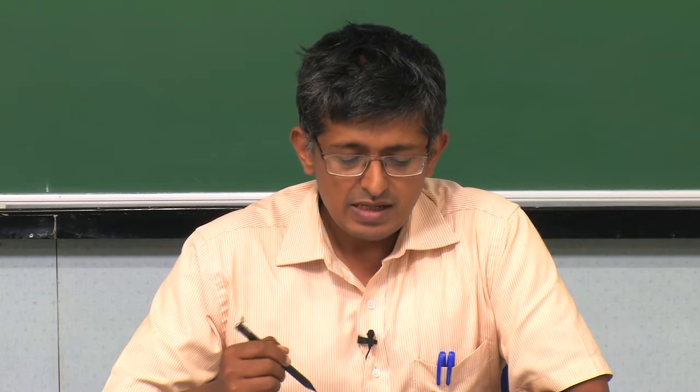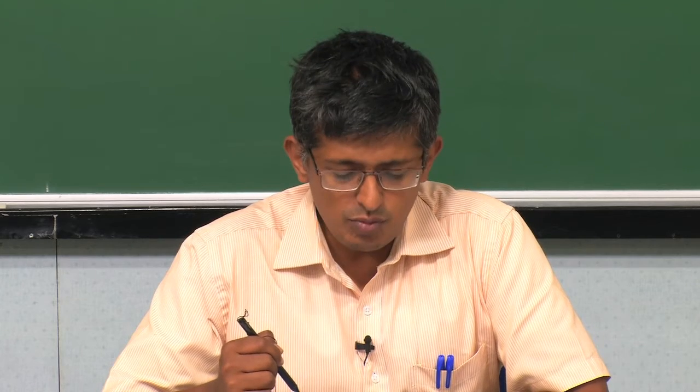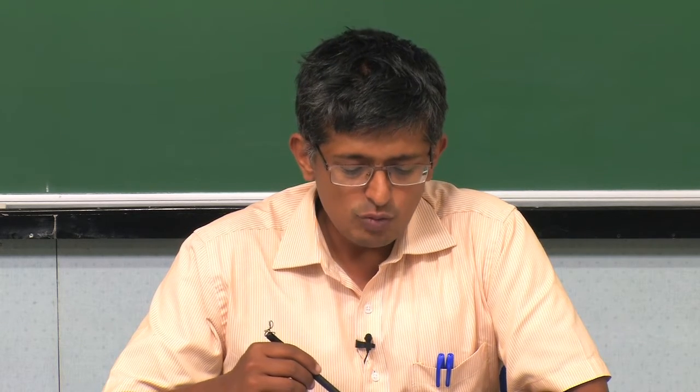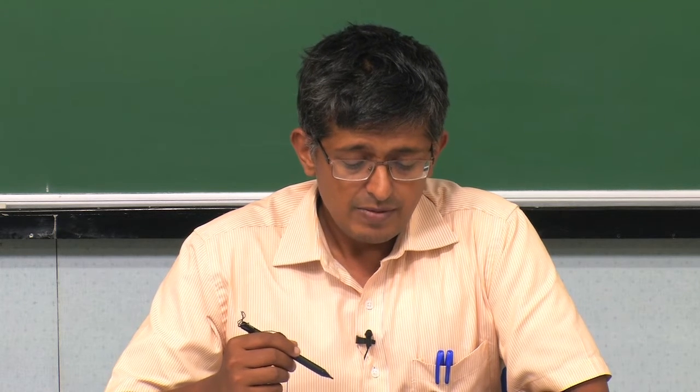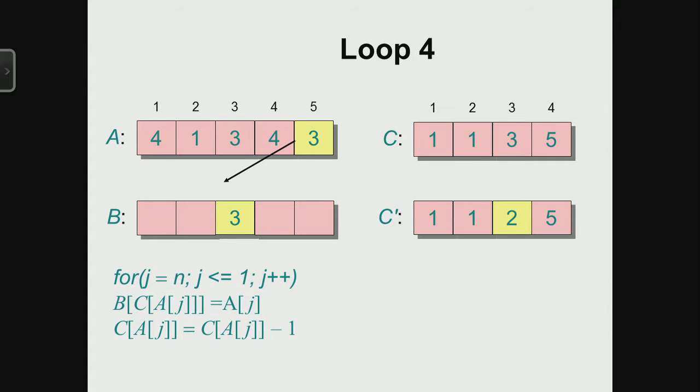Now comes the phase when the sorted elements are output, and this is a loop that runs in the reverse order. Let us look at the last element in the array A, it is a value 3. Now, there are 3 occurrences of elements less than or equal to 3 in the array A, that is the element 1, 3 and 3.